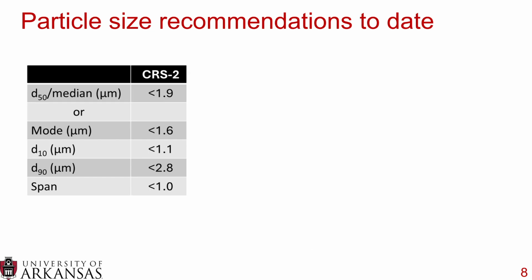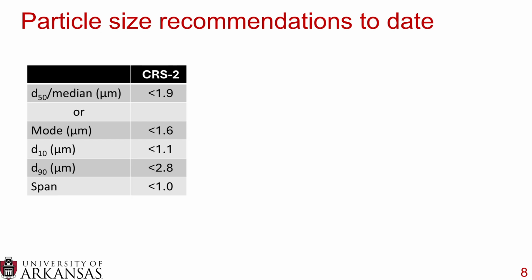And what this led us to do is fill in these recommendations to date for particle sizes. You can see the CRS-2 was based on previous research. We have the D50, or the median, and for CRS-2, we recommend that be lower than 1.9 microns. Or you take a look at the mode, the D10, the D90, and the span. So there are two ways you can approach this.